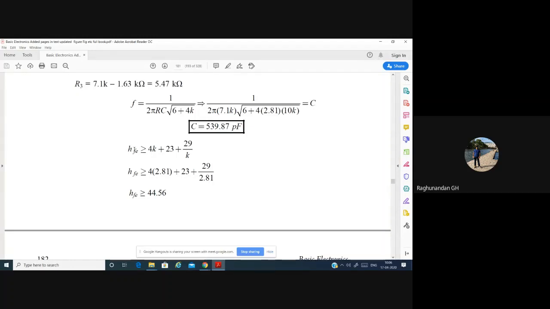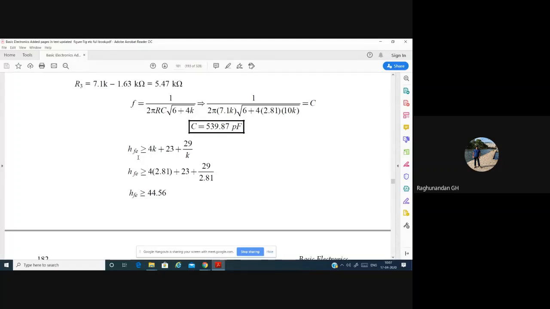See, the importance of this formula is that if the current gain of the transistor is greater than or equal to whatever we get from this equation, then only are you able to produce sustained oscillation.